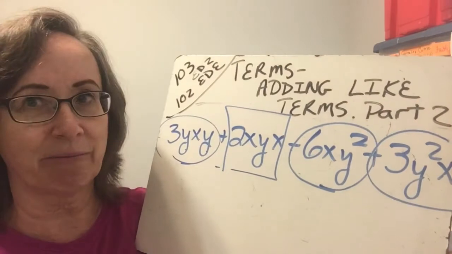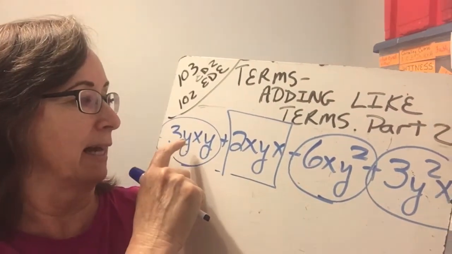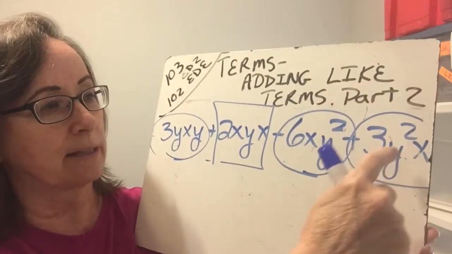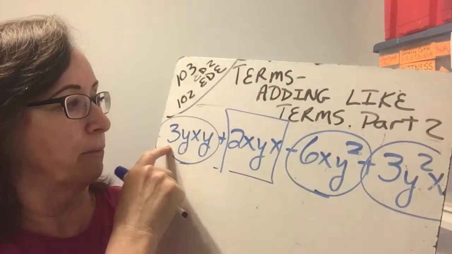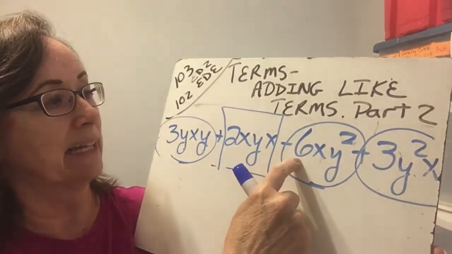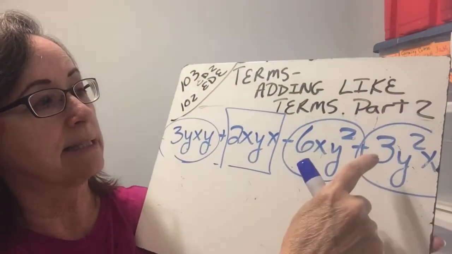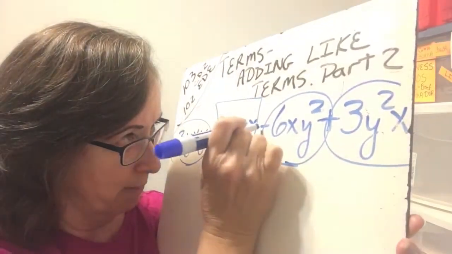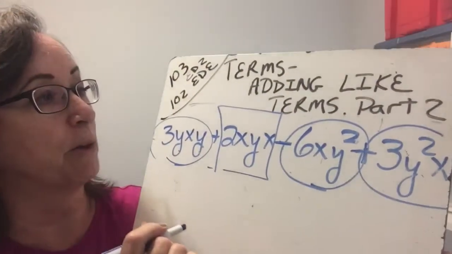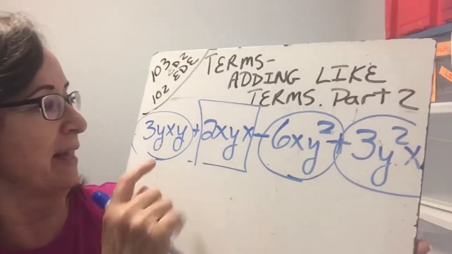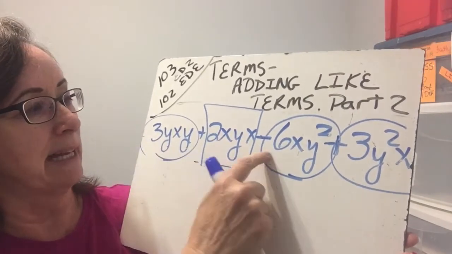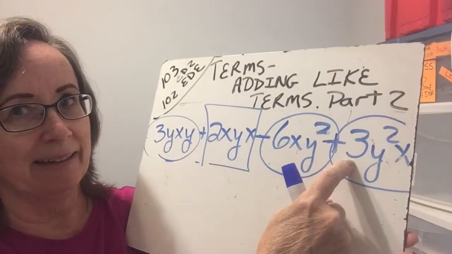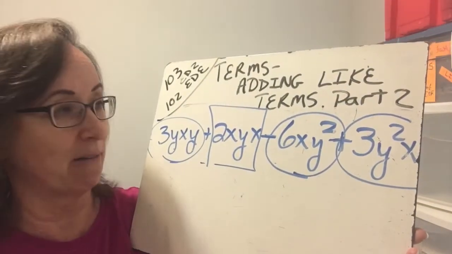So let's take our 3 like terms first. So we've got an xy squared, xy squared, xy squared. So 3 plus a -6 plus a 3. Yeah, that was a plus sign and that was a minus sign. I kind of wrote over it with my circles there. So 3 plus a -6 is a -3, plus 3 goes to 0.